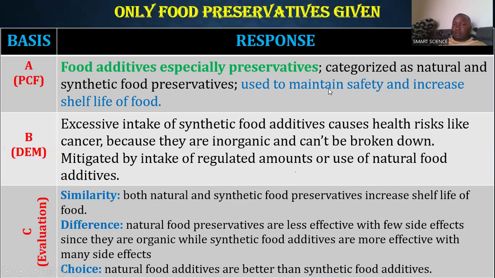And among the natural food preservatives, we have things like salt, vinegar, among others. Among the synthetic food preservatives, we have sodium nitrite. Sodium nitrite is an example of a synthetic food preservative. Whenever we are handling this, we look at the ones which are synthetic.